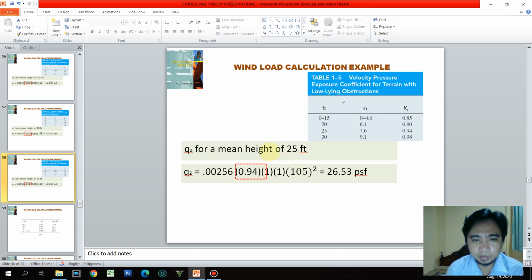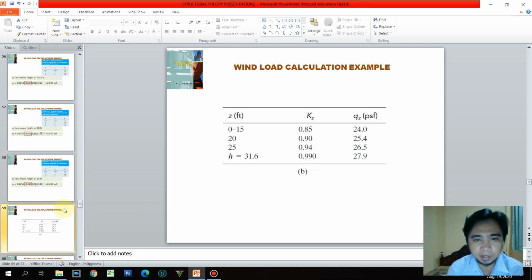Finally, we have QZ for a mean height of 25 feet, which has a corresponding KZ of 0.94. Then we have 26.53 PSF. As a summary, if we have a Z of 0 to 15, we have KZ 0.85. These are the corresponding values that we have computed.